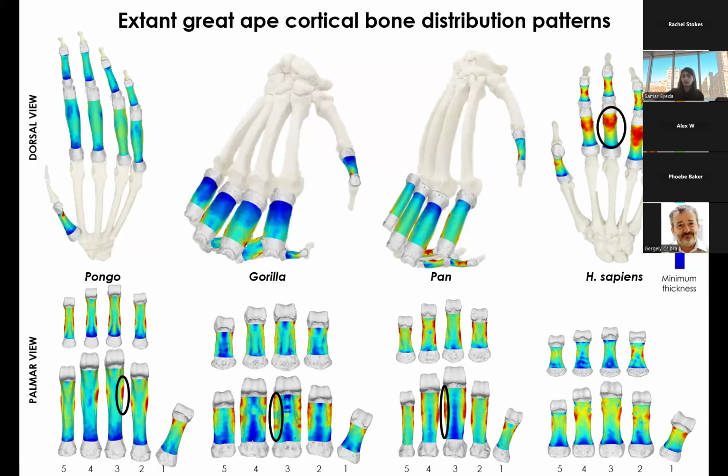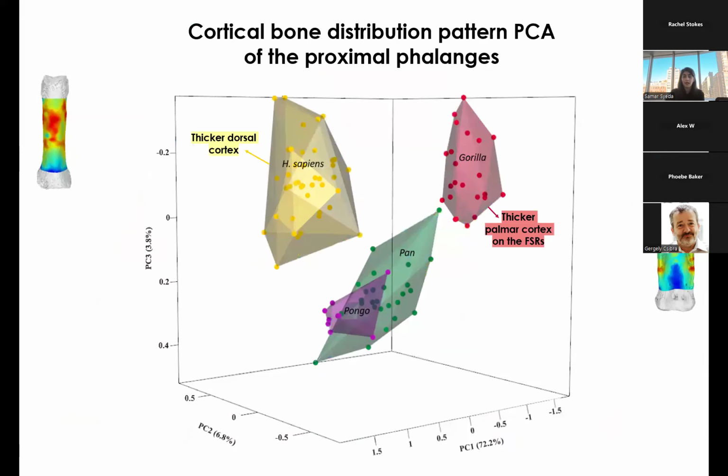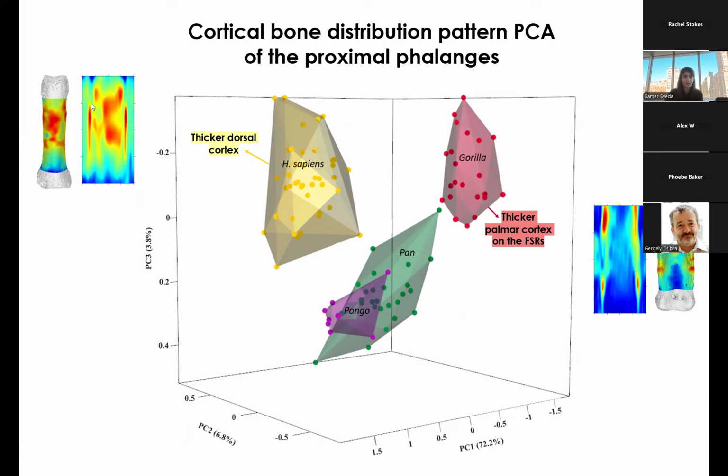So quite a clear distinguishing pattern between a hand that's being used for locomotion versus manipulation. And we see that in statistical analysis as well. So we take this data and we put that into PCAs. And this is kind of what the data looks like that we put in.